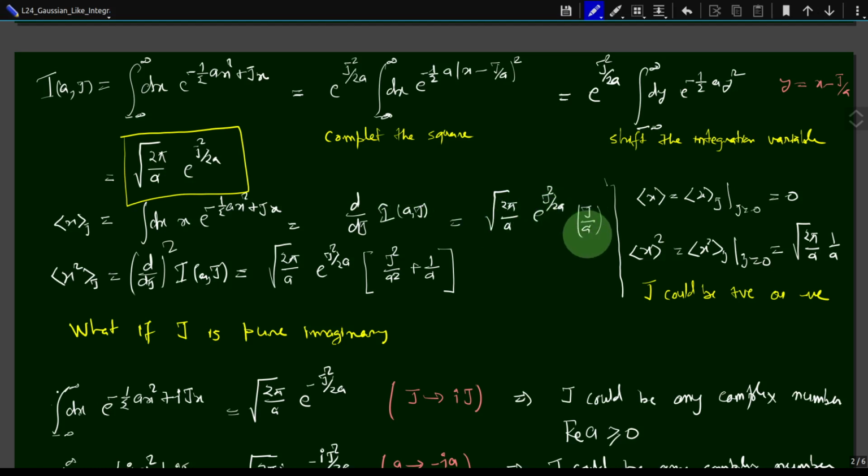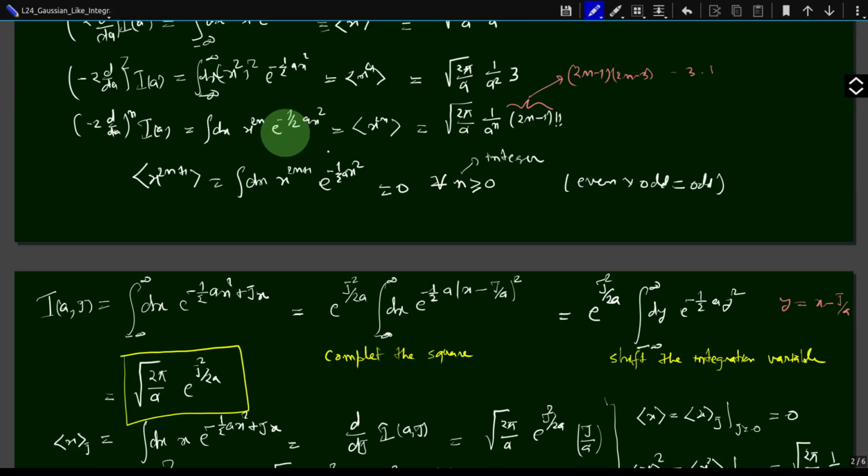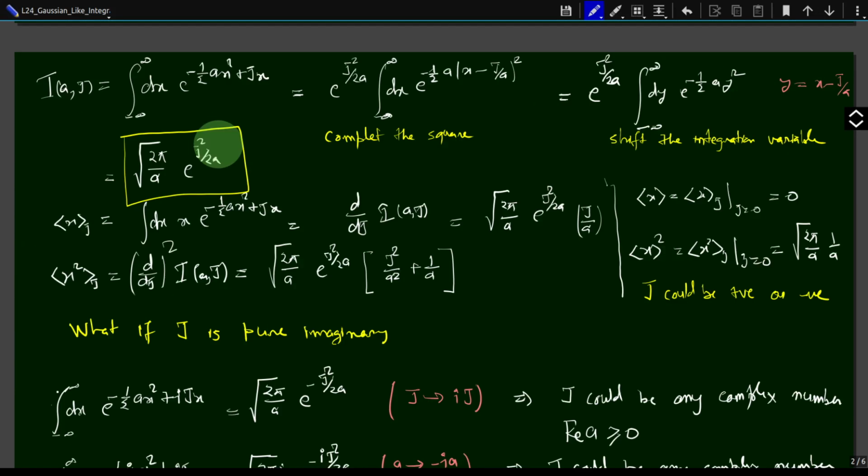So this j by a would be the expectation value of x, and of course when j is equal to 0, this distribution is nothing but the good old Gaussian distribution, not a shifted one. So there the expectation value of x becomes 0. My expectation value that we computed in the previous slide is nothing but what is computed here for j equal to 0, and that turns out to be 0.